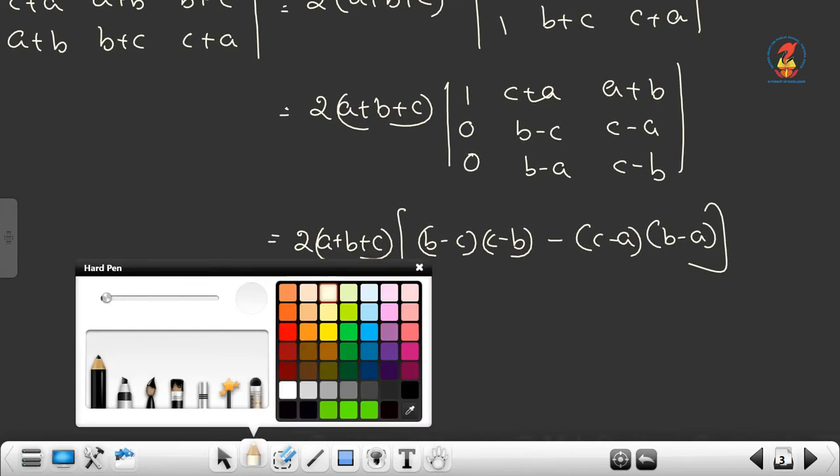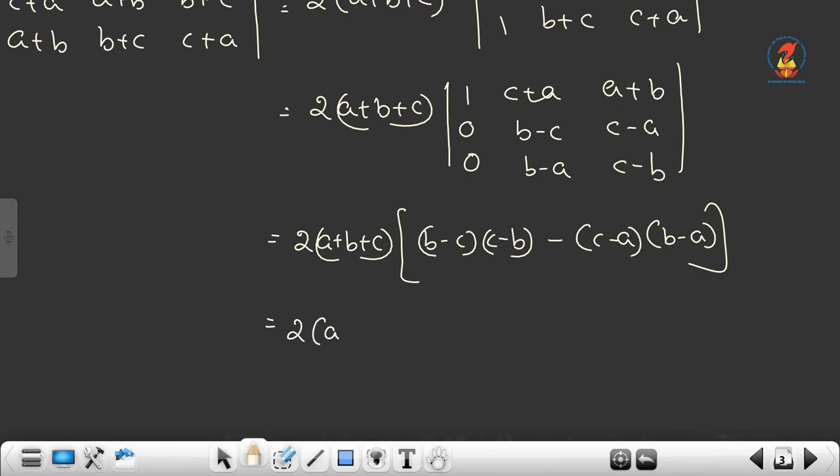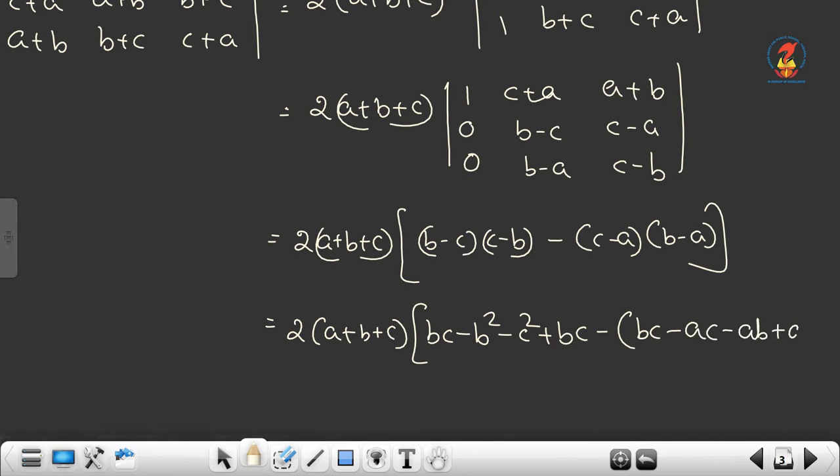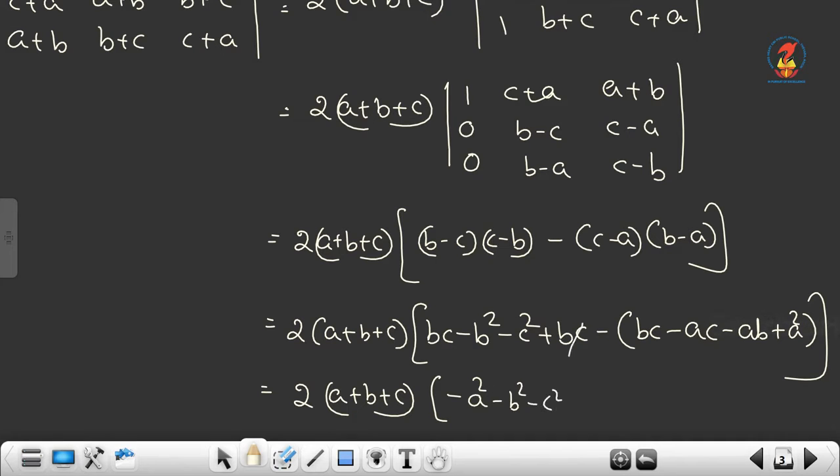Then multiply. So 2 times a plus b plus c into bc minus b square minus c square plus bc minus of bc minus ac minus ab plus a square. So that's equal to 2 into a plus b plus c into minus a square minus b square minus c square, then plus ab plus bc plus ac.